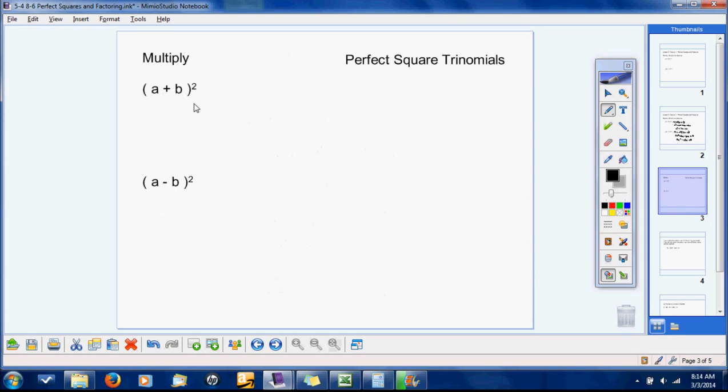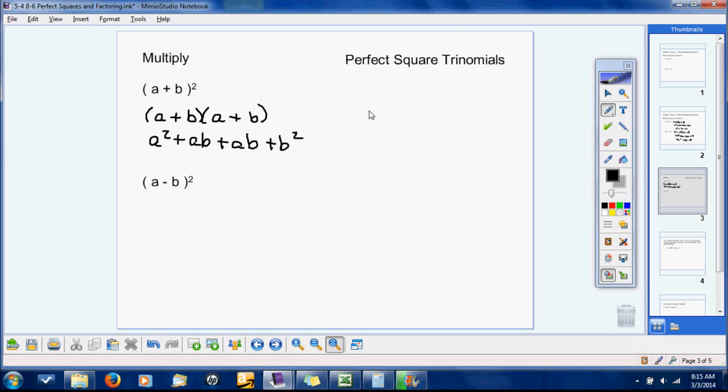Now, as I said, there is a template, a formula to use for this. If I multiply this one out with just general variables in here, this is a plus b times a plus b. So I have a squared plus ab plus ab plus b squared.